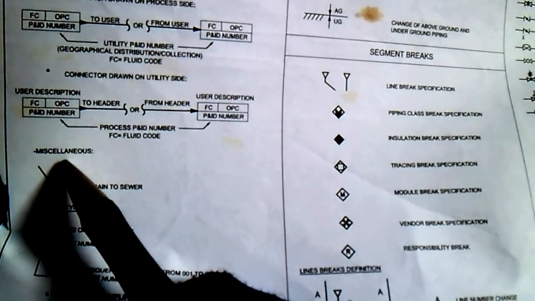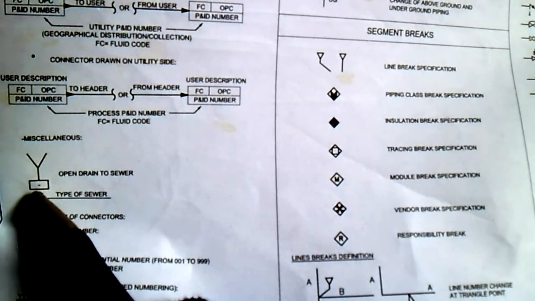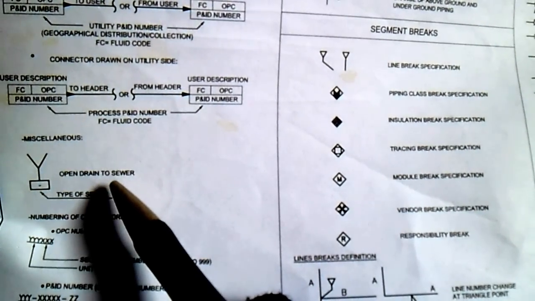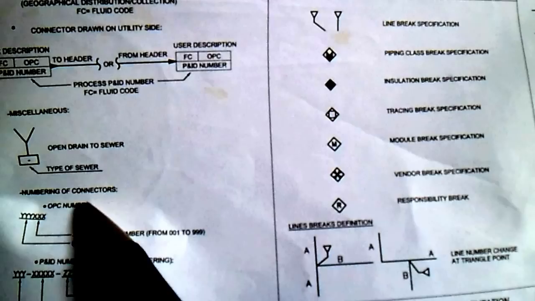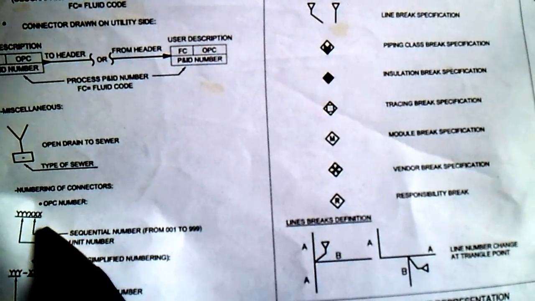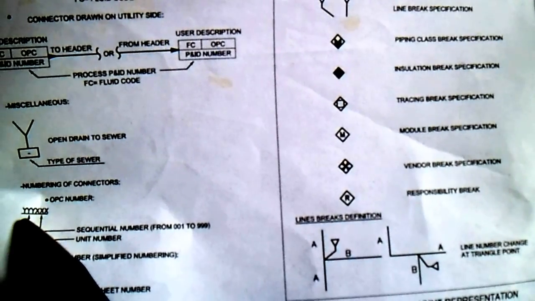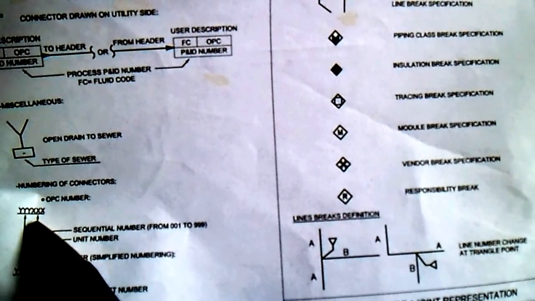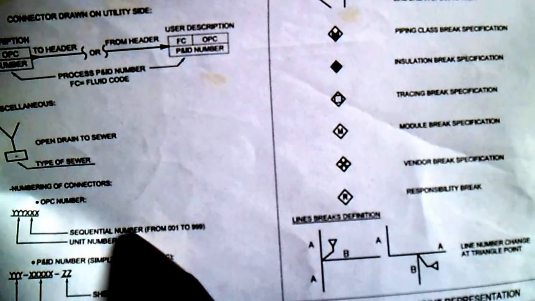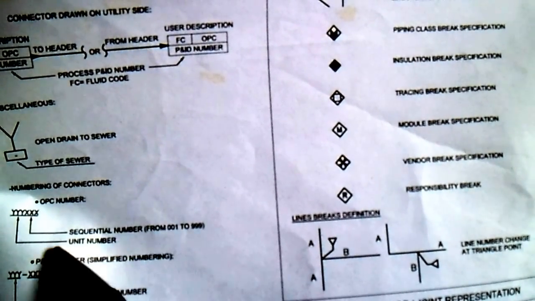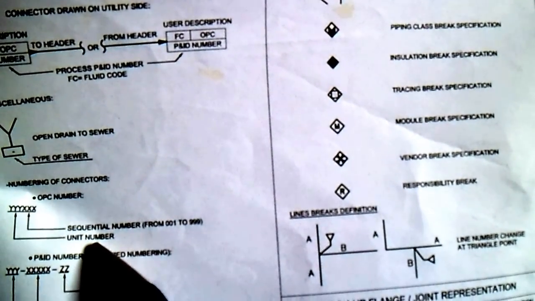So miscellaneous: this symbol is open drain to sewer, type of sewer, and this is a numbering of connectors, OPC number. If you can see this Y and X, they also have a meaning. This X is a sequential number from 01 to 999, and Y is a unit number.